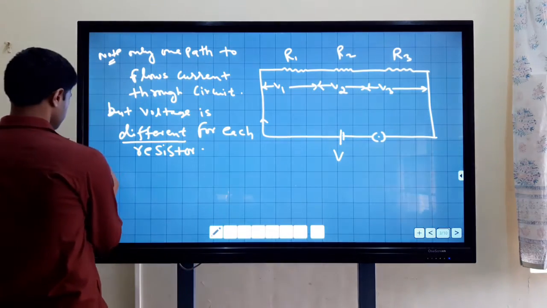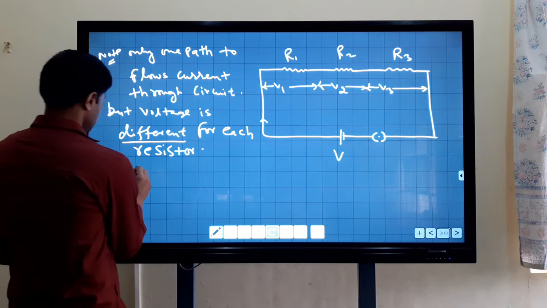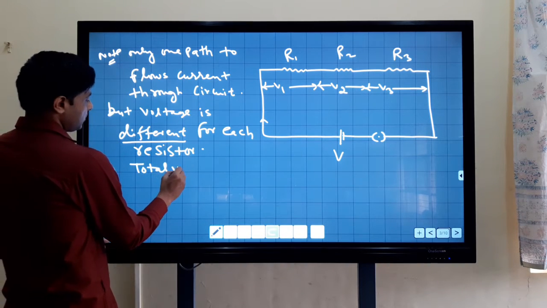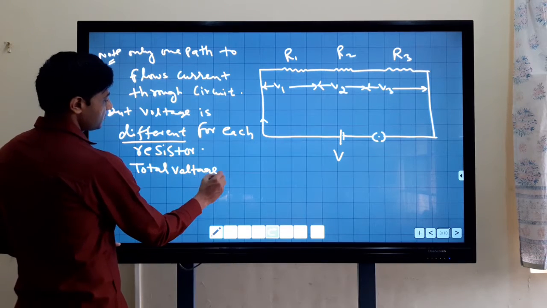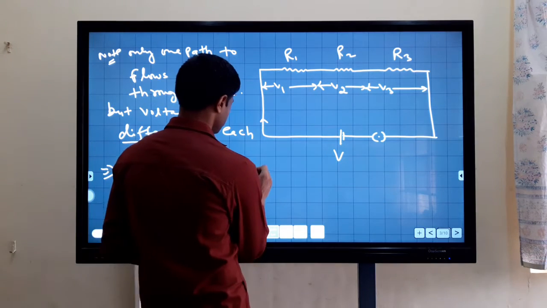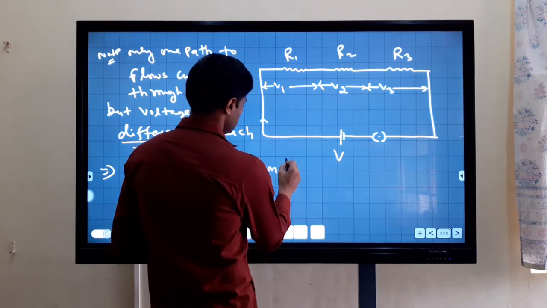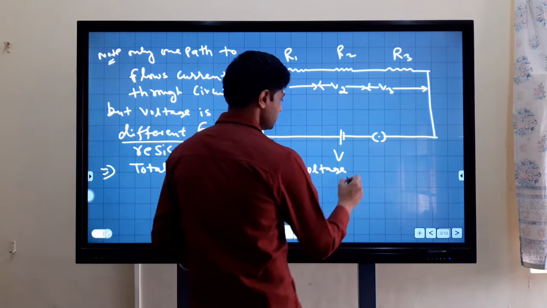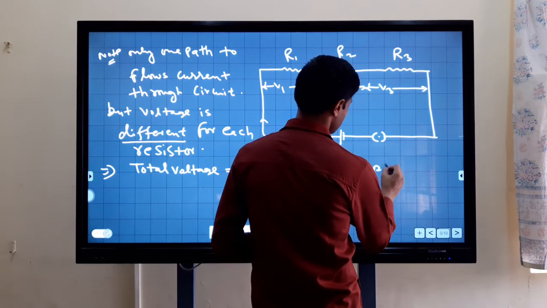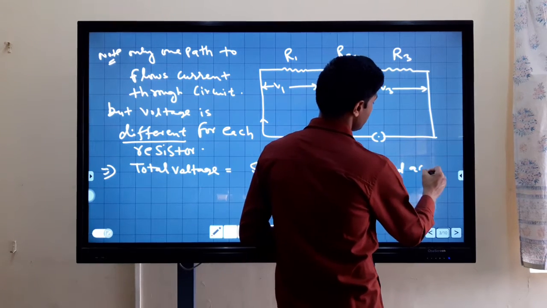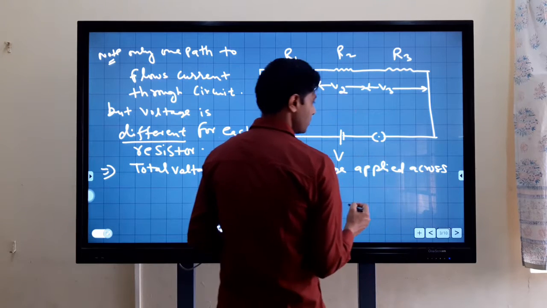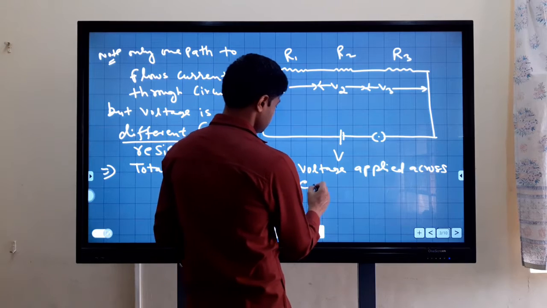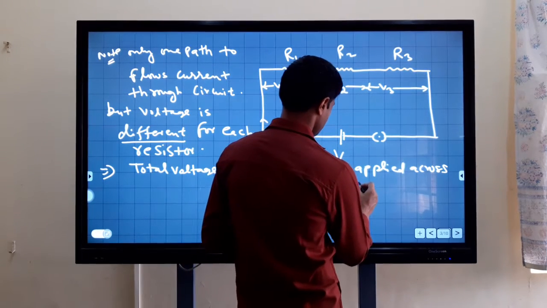It means the total voltage is equal to the sum of the voltages applied across each resistor.